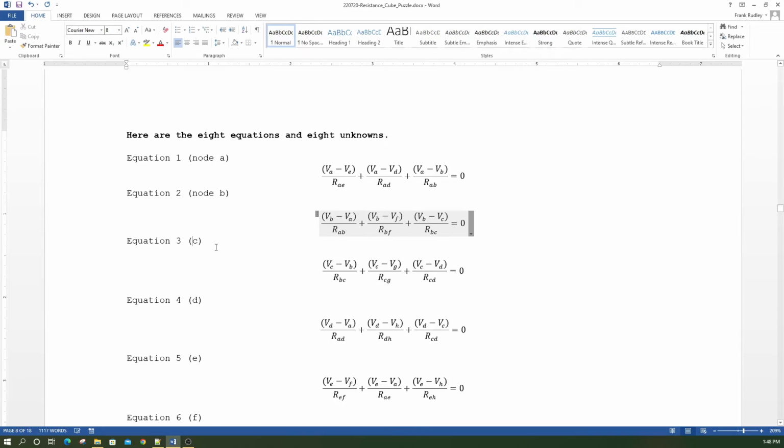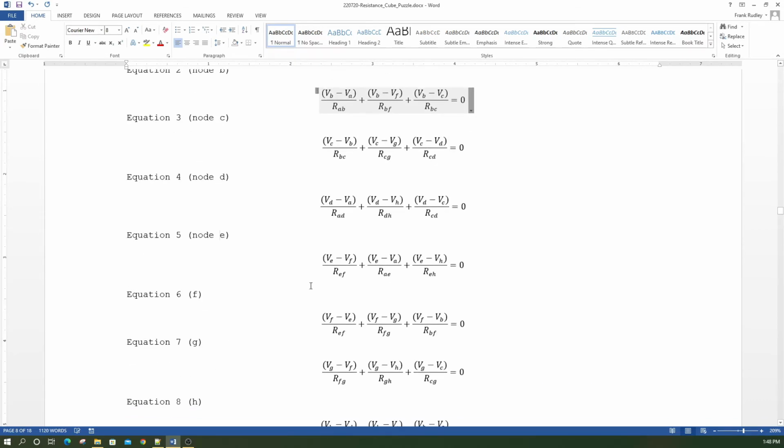And this is equation 3 for node C. Equation 4 for node D. Equation 5 for node E. Notice E begins with its own voltage, and there's 3 terms and they always equal 0.